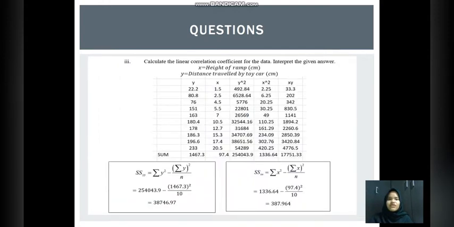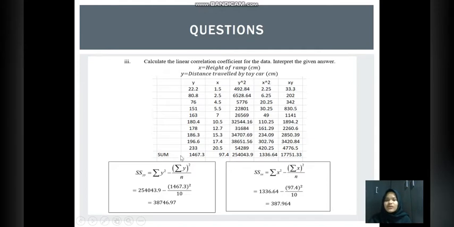Next, question number 3 asks to calculate the linear correlation coefficient for the data and interpret the answer. As I said earlier, x is the height of the ramp and y is the distance traveled by the toy car. Here I already listed y and x, and also y squared, x squared, and xy.